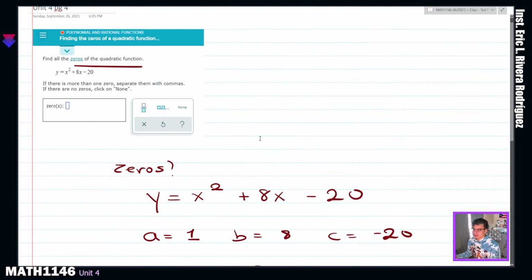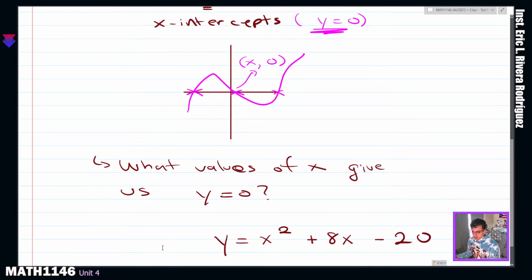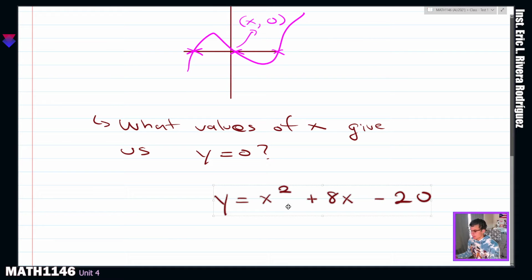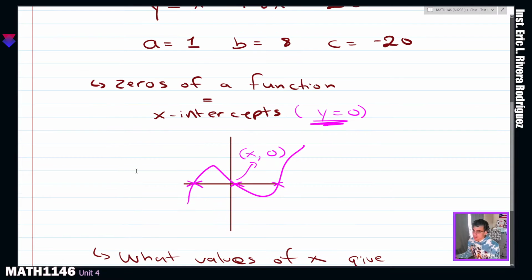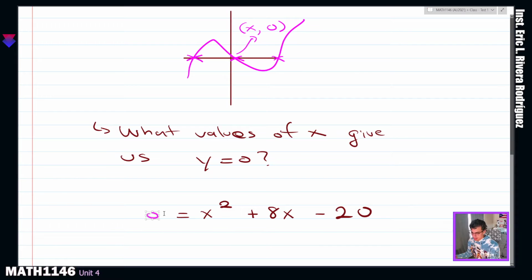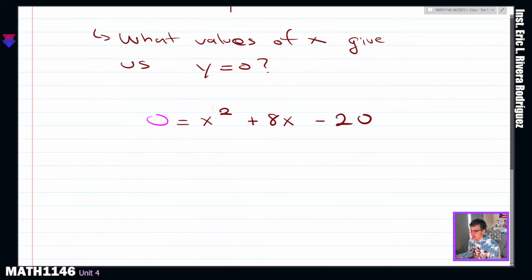In other words, instead of having y, we put the value of y, which is 0, and then the challenge now is to solve for x. Okay, so now we need to solve for x.